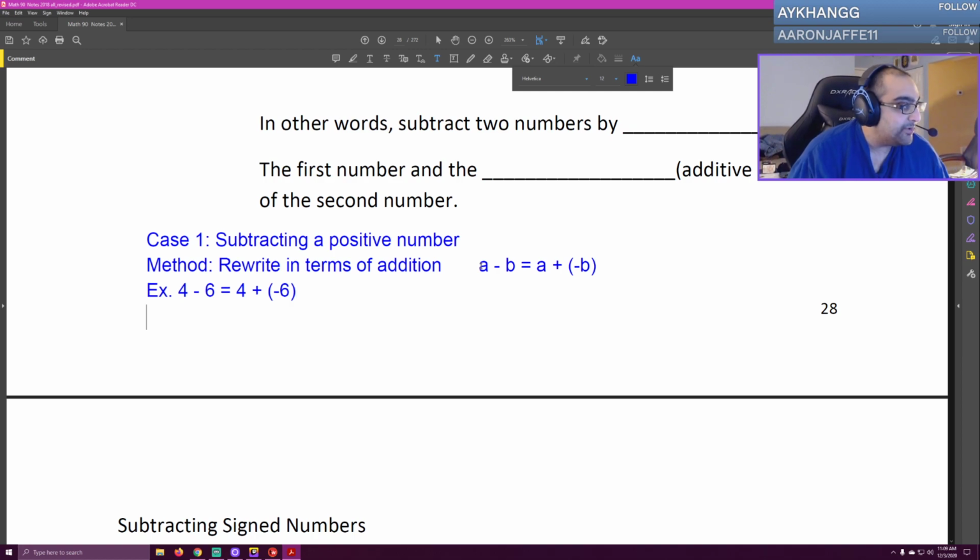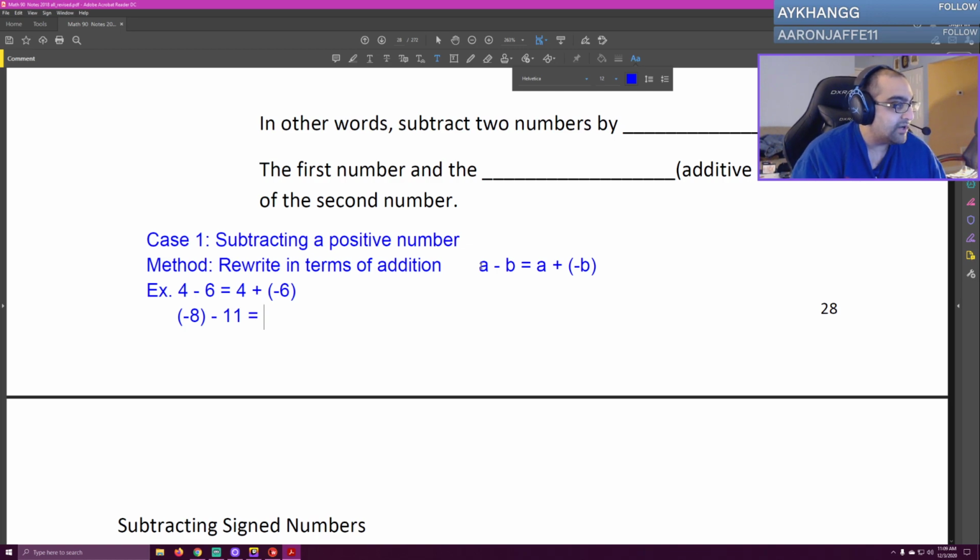Same thing applies if we look at another problem. Let's say that first number was negative for whatever reason. Let's say it was -8 minus 11.